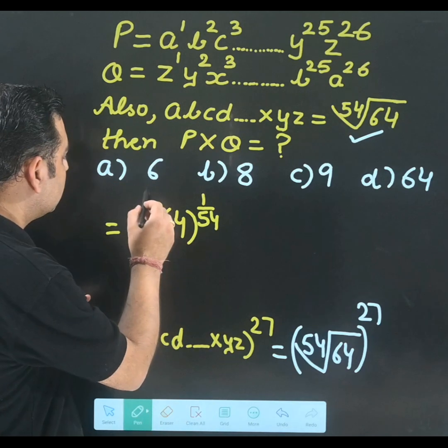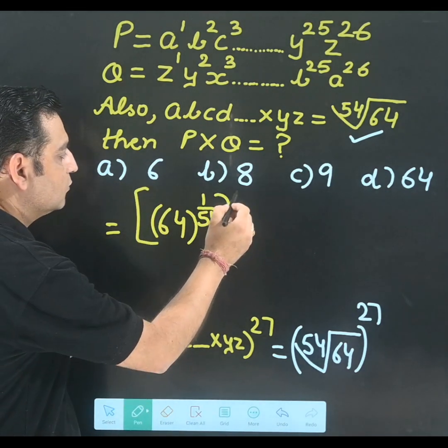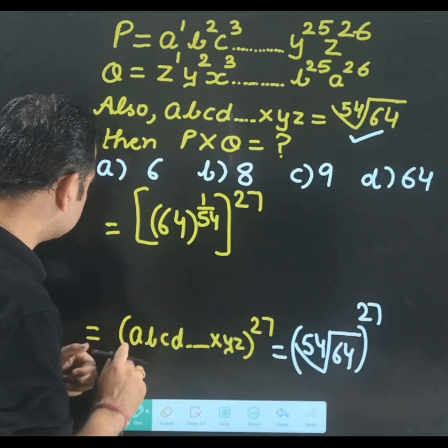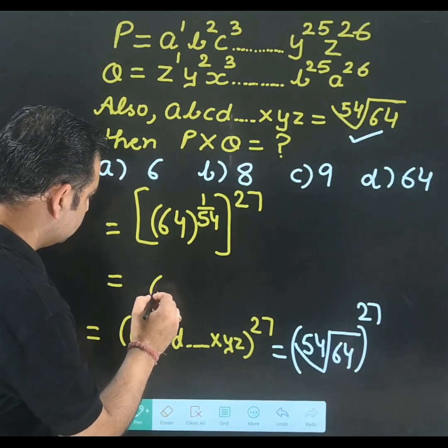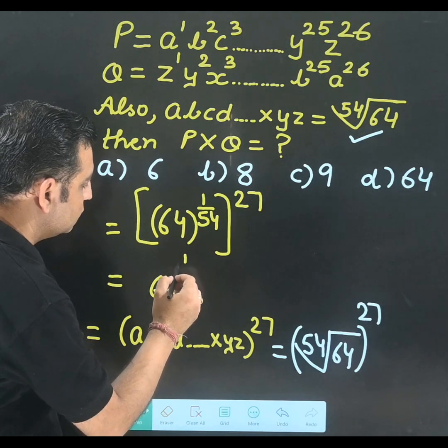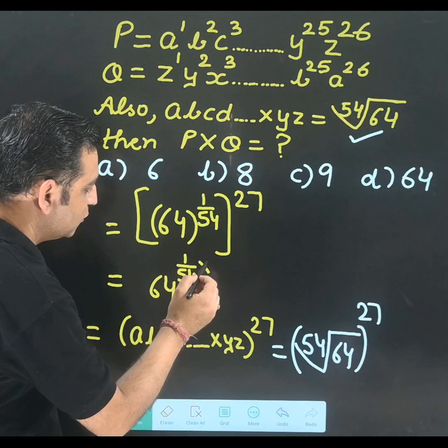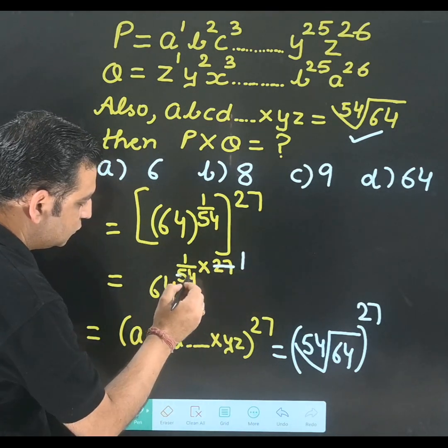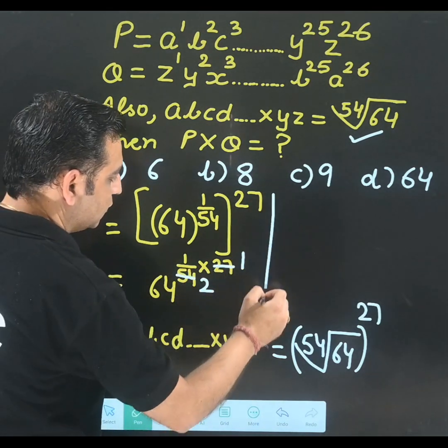Now further I have 27. That is quite okay. It is as it is. I hope things are becoming clear. Now using the exponent rule, just multiply both exponents, and 27 times 2 is 54. What are we getting finally?